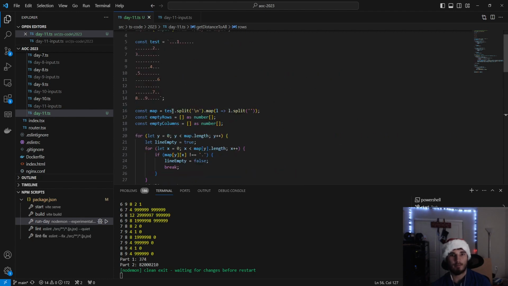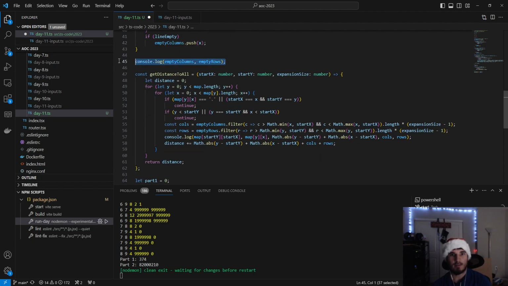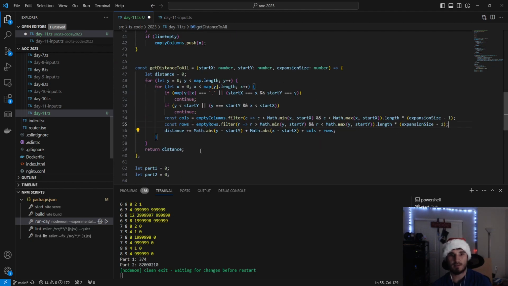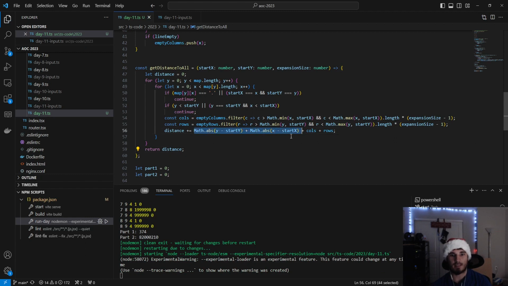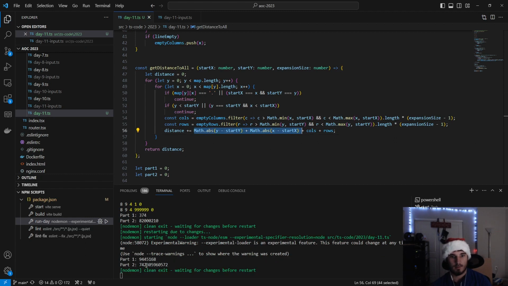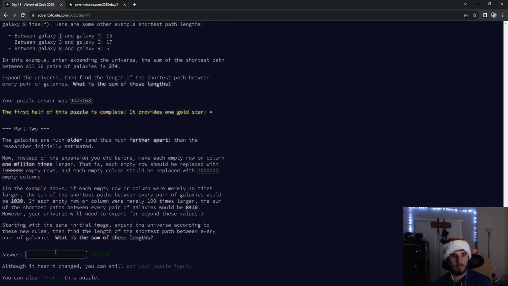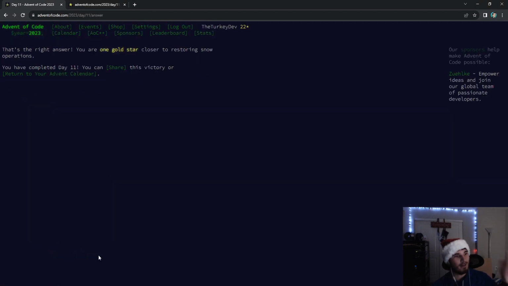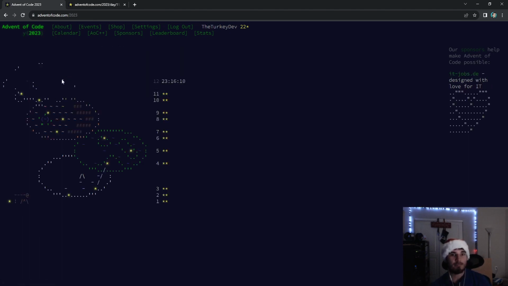There we go. Right, it's already being done once by this math absolute. There we go. Wow, I made that a lot harder than it needed to be. I made that way harder than it needed to be.